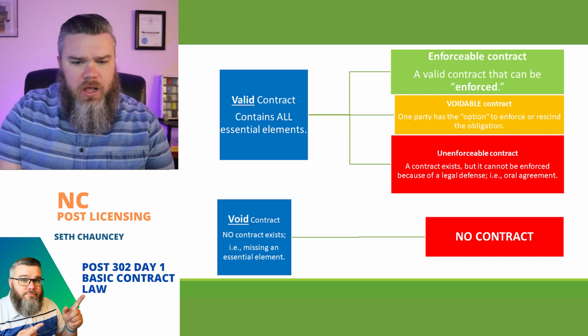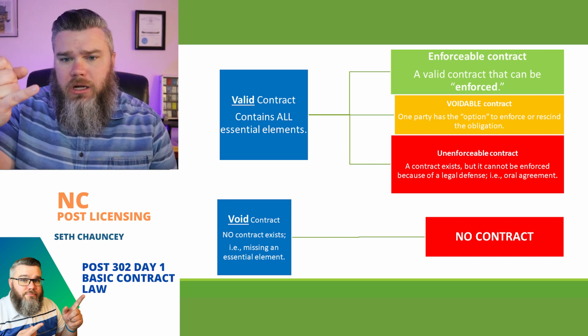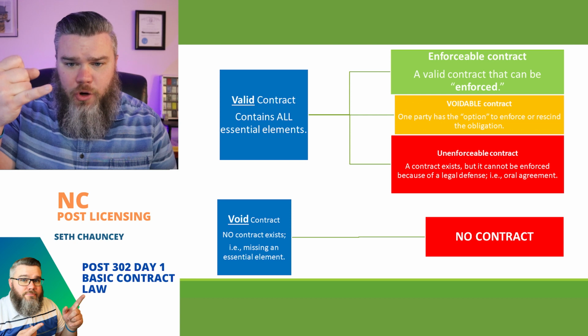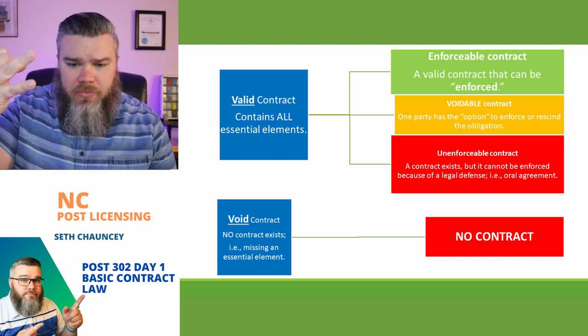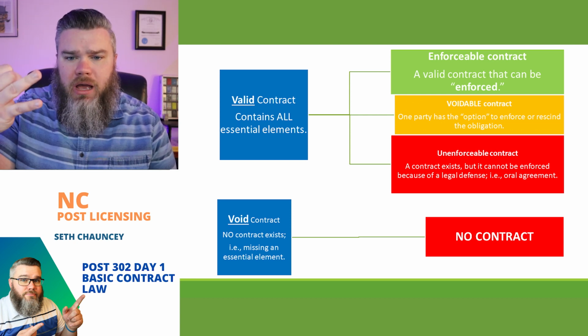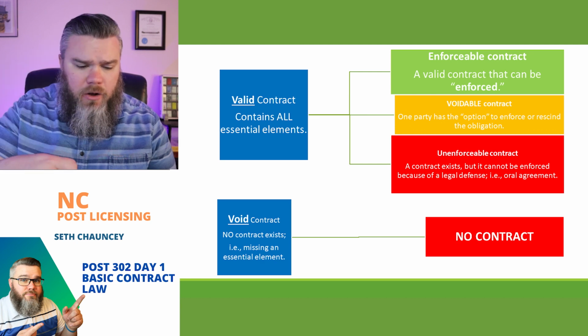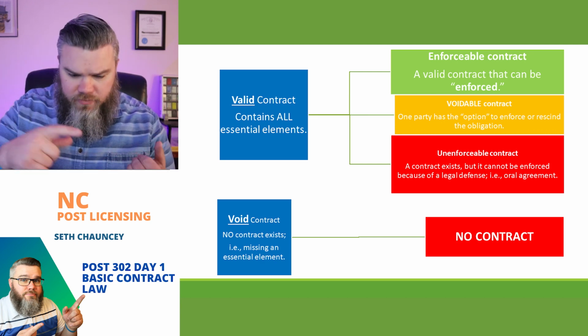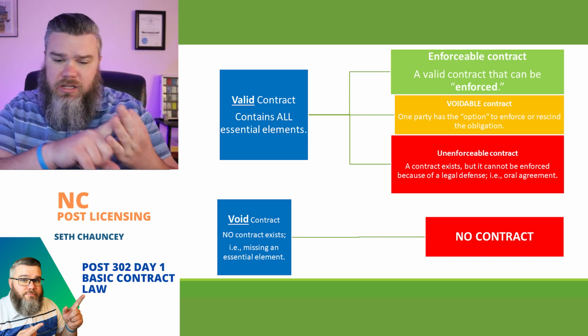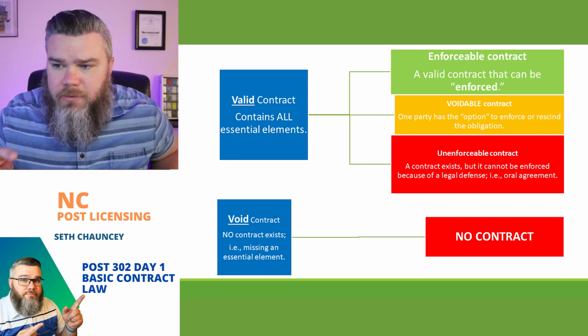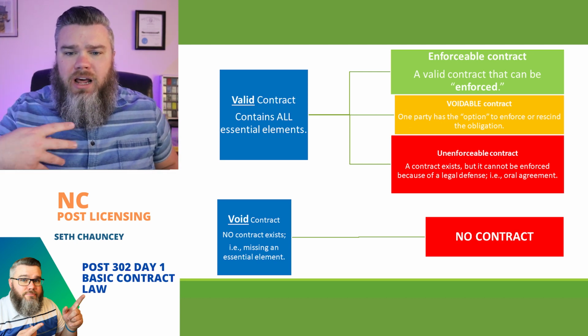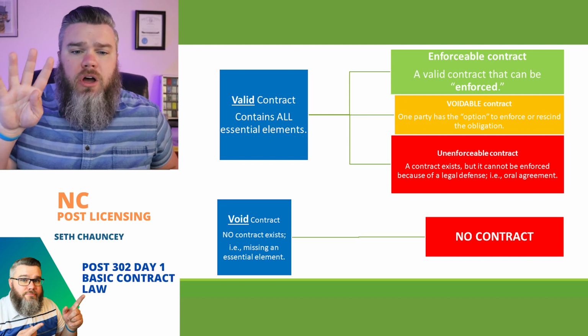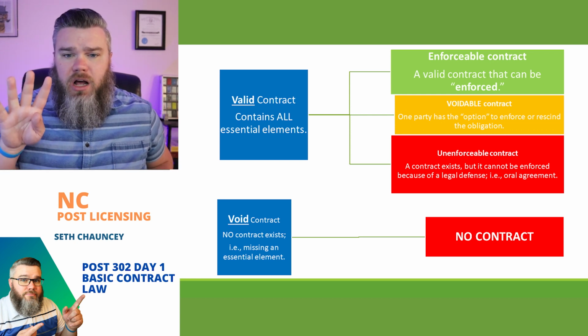Dale, are you at least 18, sane and sober? So we've got a house, we've got money, right? We've got consideration, we've got agreement, it's for a legal act, and we've got legally competent parties. Can we all agree that Dale and I just entered into an agreement that contains all 4 essential elements of a valid contract?